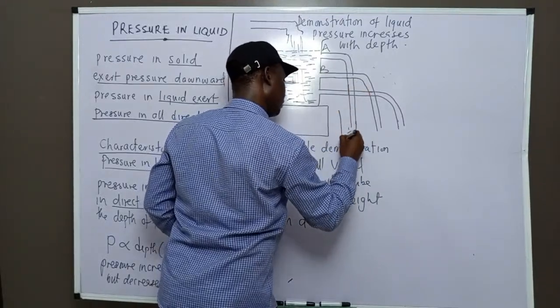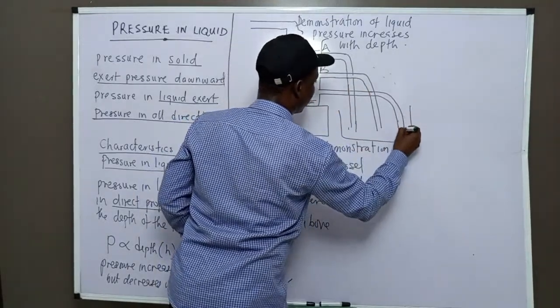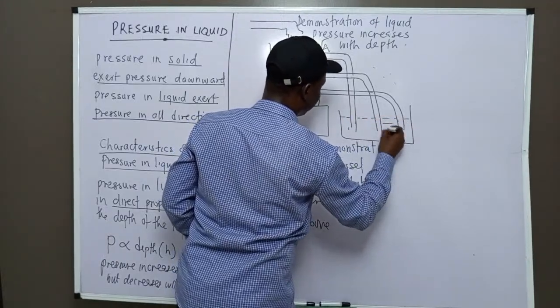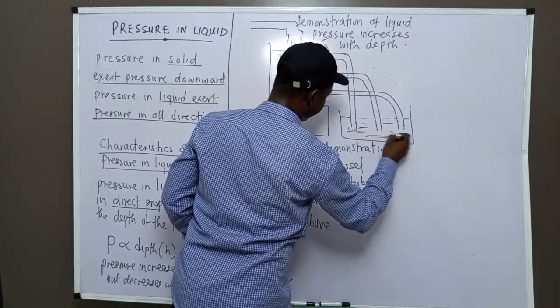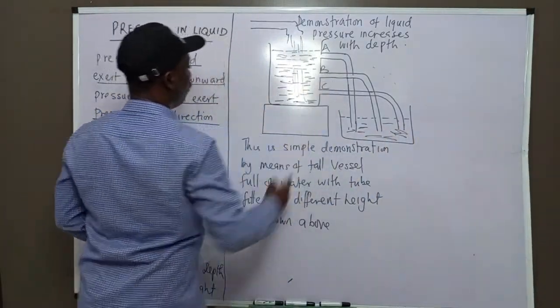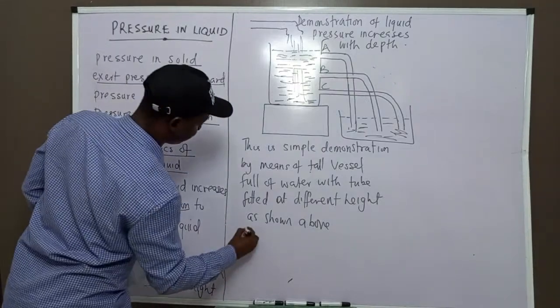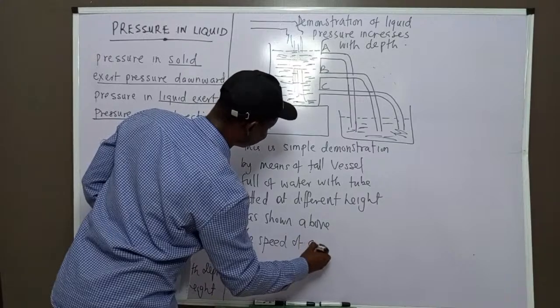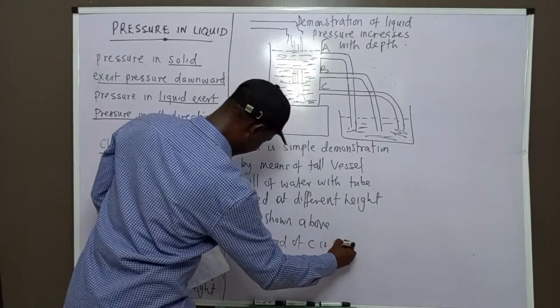Now, this is the container, the vessel where the water is entering. Now, what do we notice? We notice that the speed of C is the greatest.